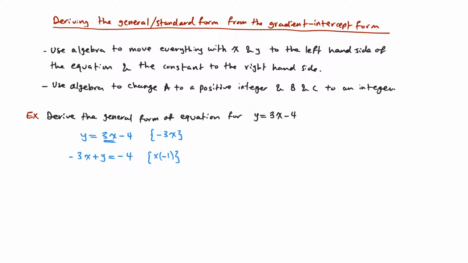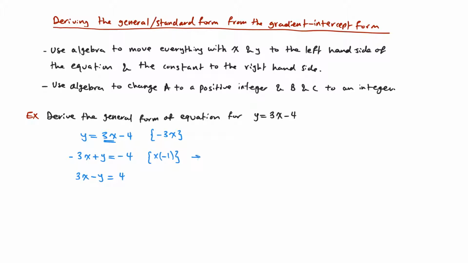We can do that by multiplying or dividing by negative 1. And if we multiply the left-hand side by negative 1, negative 1 times negative 3 gives us positive 3. So we get 3x. Negative 1 times y is negative y, so we get negative y. And multiplying the right-hand side by negative 1, we get negative 1 times negative 4, which is equal to positive 4.